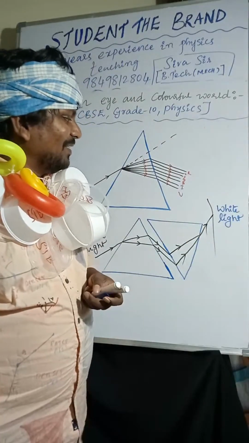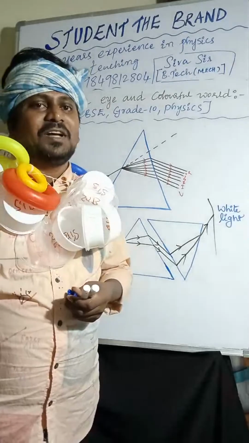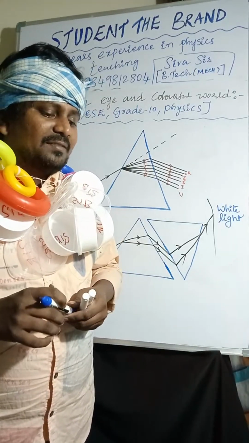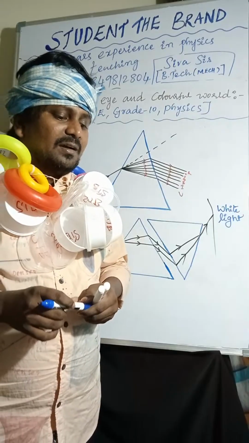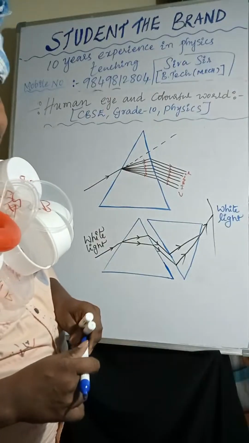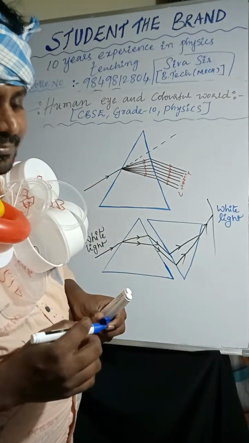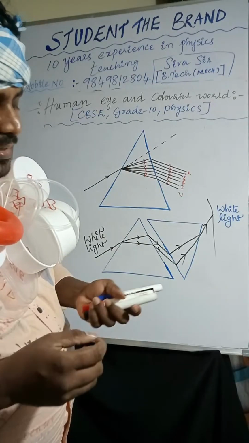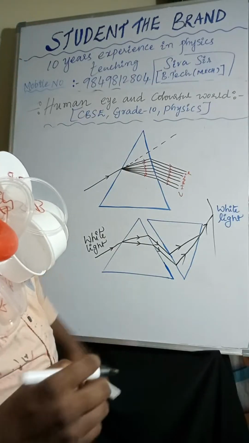This is called recombination of the spectrum of white light.